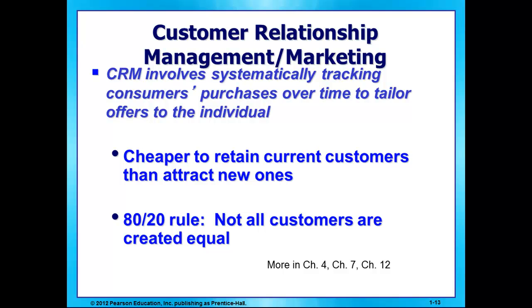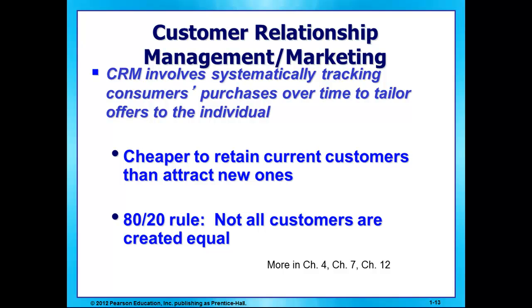And the way that this is explained is through something called the 80-20 rule. The 80-20 rule also goes by the name the Pareto principle, where the word Pareto is spelled P-A-R-E-T-O.